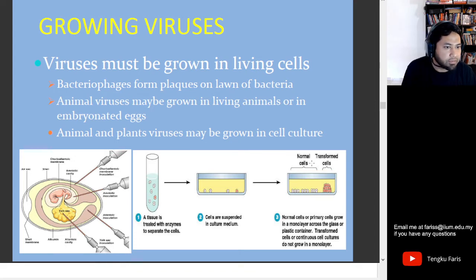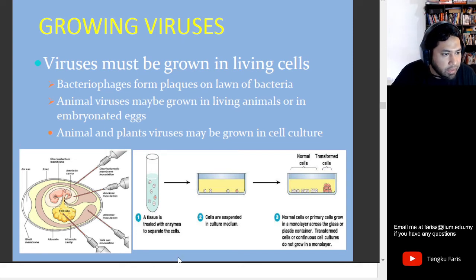Animal and plant viruses may be grown in cell culture too. So this is just for you to know how we can grow and inoculate certain materials from the embryonated egg, and then we can also introduce the viral particle in any segments of this egg.